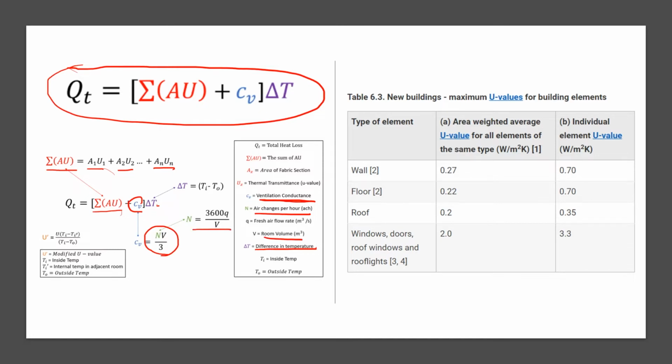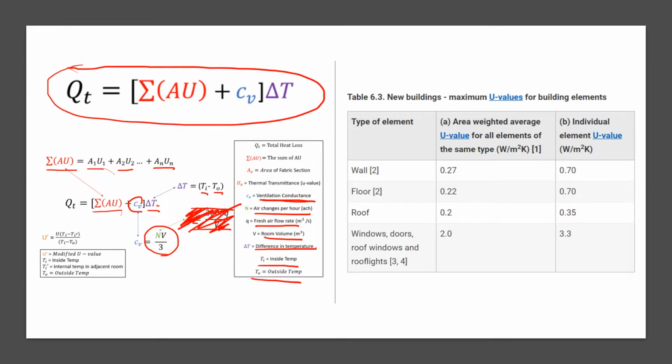Over here you also have a way of calculating N if instead of N you are given just a fresh air flow rate, or Q. We're not going to do that today, so I'm just going to scrub this out and forget about it. And then finally we've got our delta T, which is equal to Ti, our inside temperature inside the room we're calculating for, minus To, which is our outside temperature.